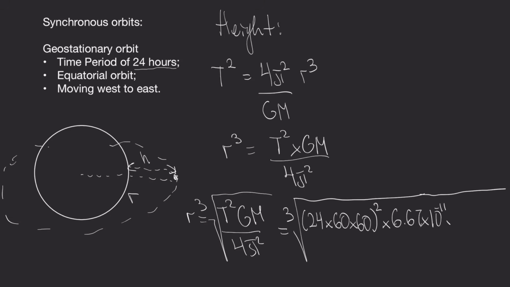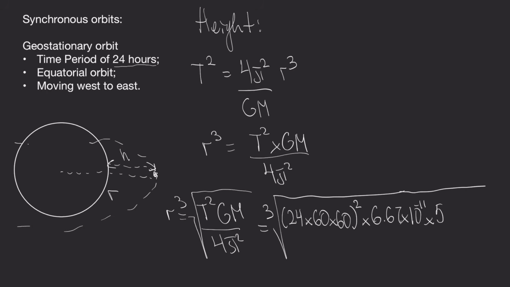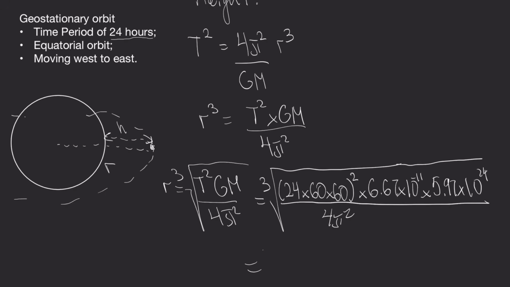And then we are going to multiply this by the mass of the Earth, which is 5.97 multiplied by 10 to the power of 24. And then we are going to divide all of this by 4 pi squared. We are going to get around 4.22 multiplied by 10 to the power of 7 meters.